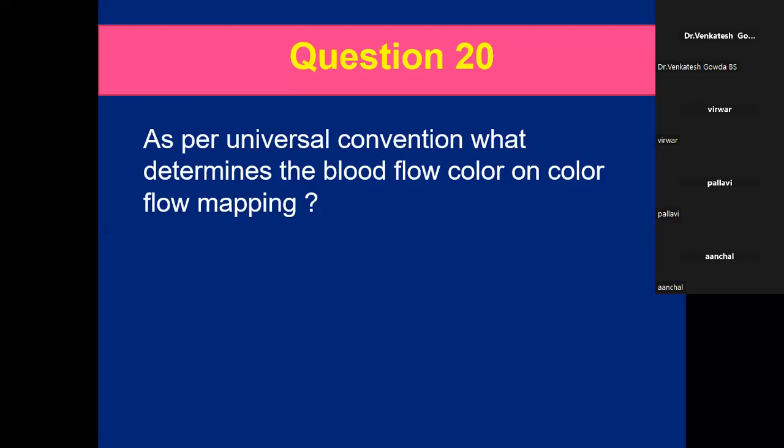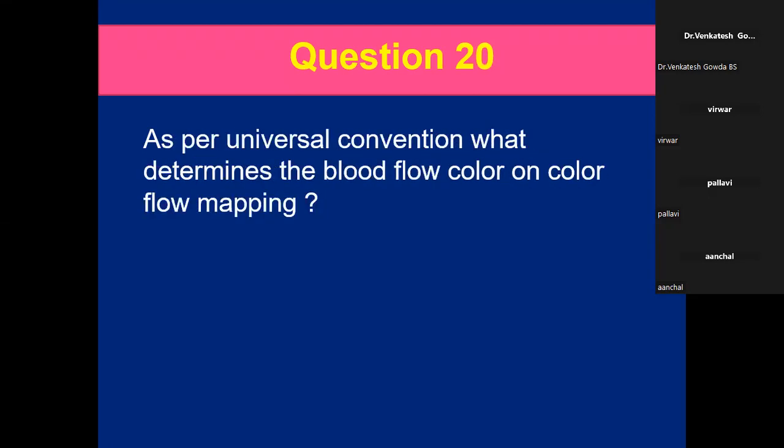When turbulence happens, what happens? Sir, orange color. I say during turbulence it becomes blue in color. Will you accept that? No, sir. It can. Why not? When the Nyquist limit is 60 centimeters, if the blood flow velocity is about 1.2 meters per second, the flow would be labeled as red or blue.